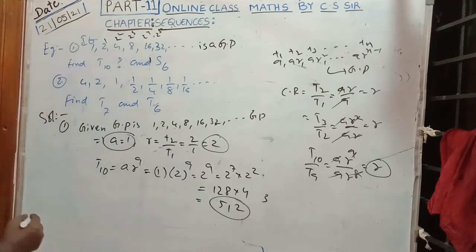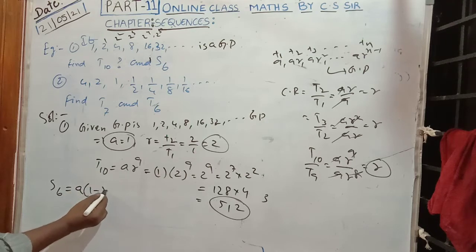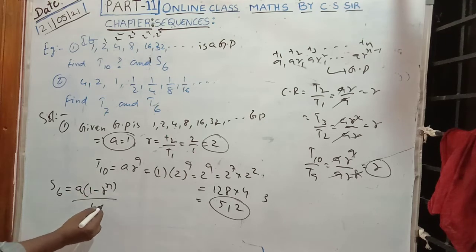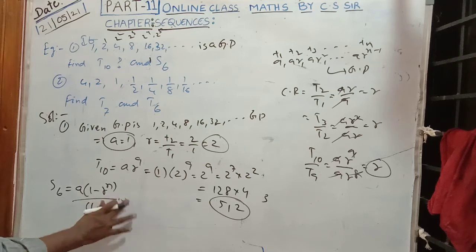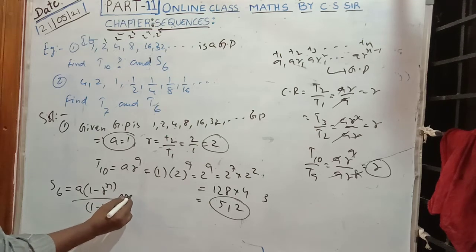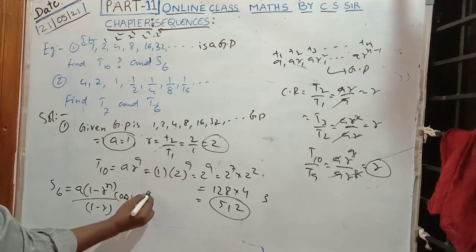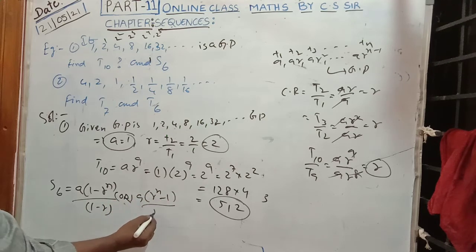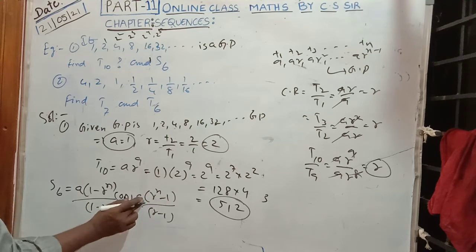Again, S6. S6 means A of 1 minus R power n by 1 minus R, otherwise we may write it as A of R power n minus 1 by R minus 1. We use this one.